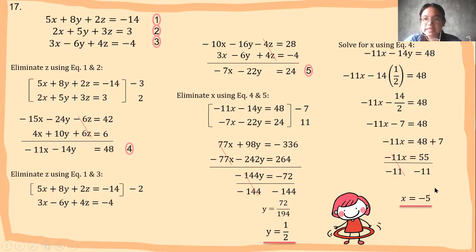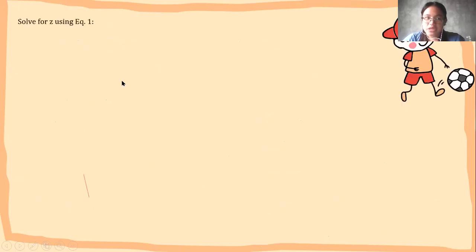So next step is let's solve for the z, the last variable, using equation number 1 and the substitution method. So we will substitute y and x into the equation number 1. So we have 5x plus 8y plus 2z is equal to negative 14. So we have x is equal to negative 5 and y is equal to 1/2.